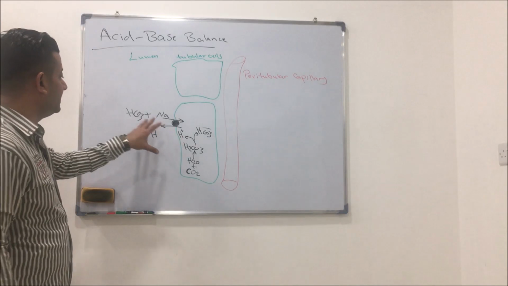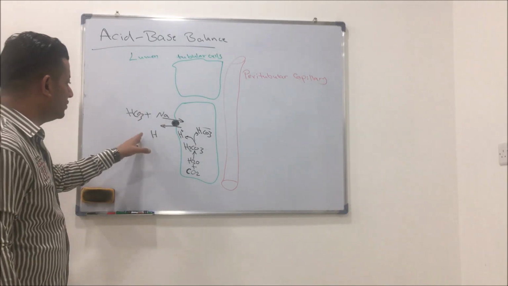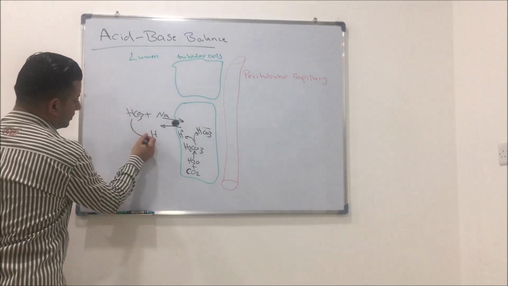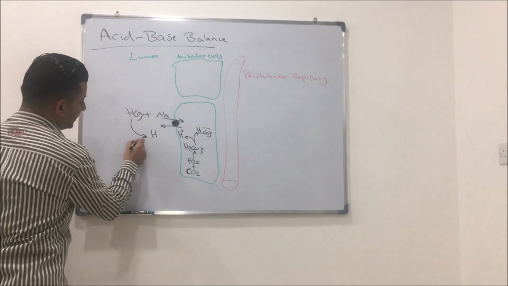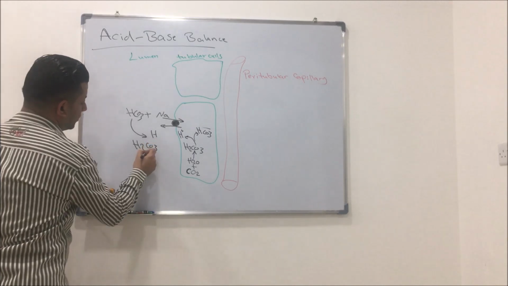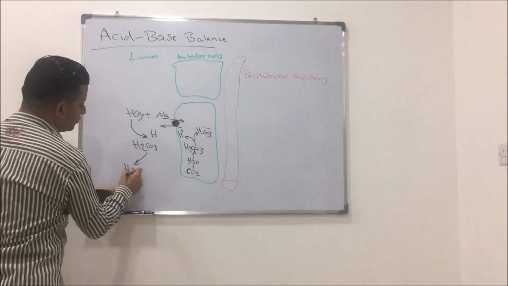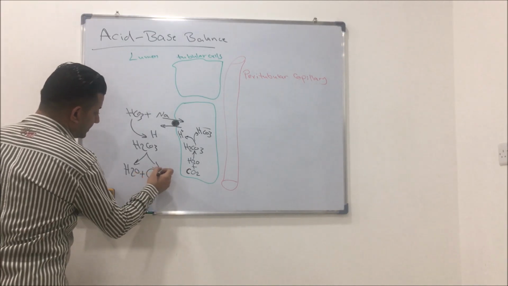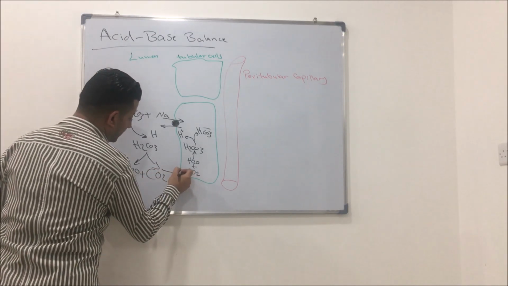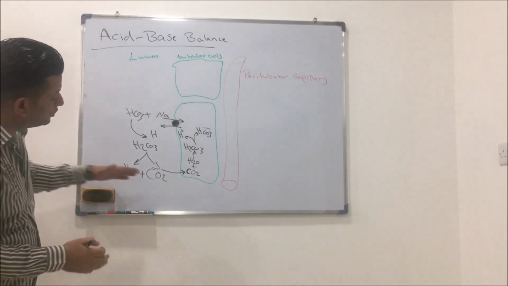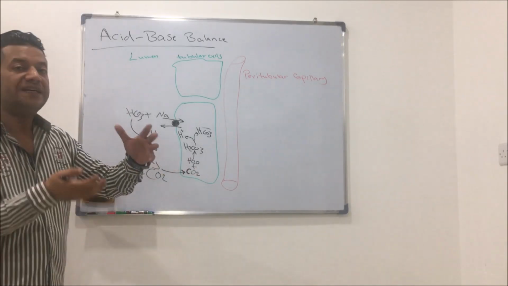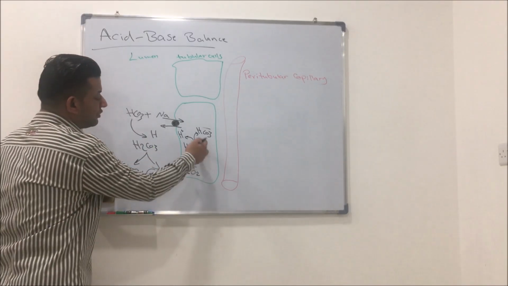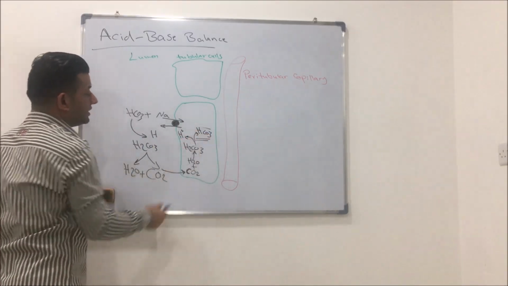H ion will be secreted to the lumen, and this H ion can bind with this bicarbonate to yield H2CO3, which will be dissociated into H2O plus CO2. CO2 will be reabsorbed or diffused inside the cell to regenerate the cycle of forming new bicarbonate.